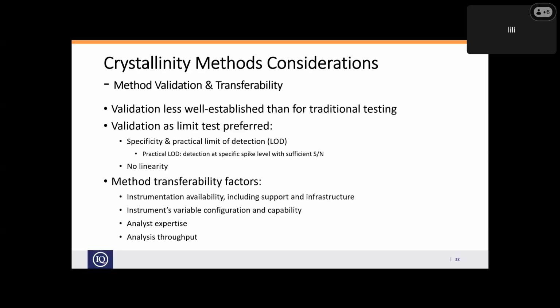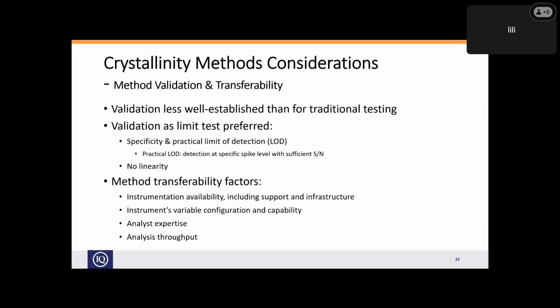And for methods that need to be transferred into, say, a QC setting or into a production site, other factors will need to be considered.